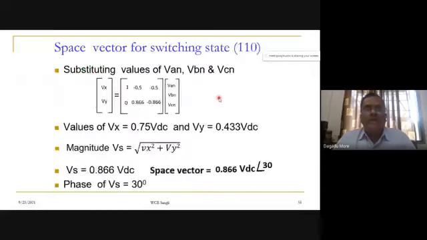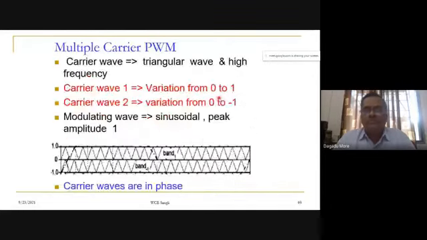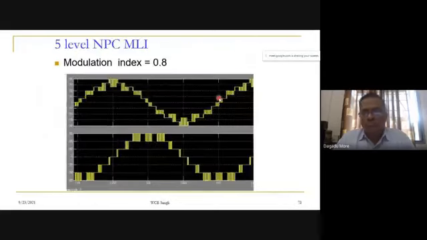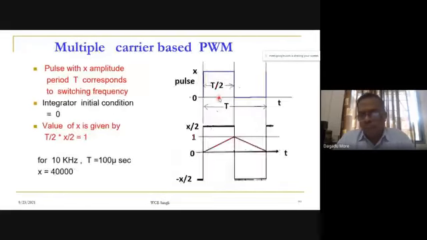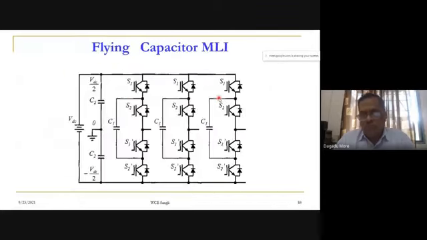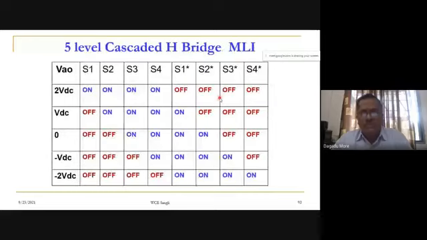That table is the same for the 5-level cascaded H bridge and the 5-level diode clamped multi-level inverter.